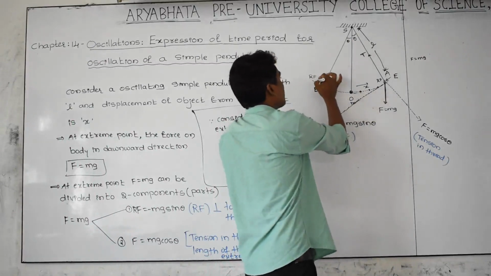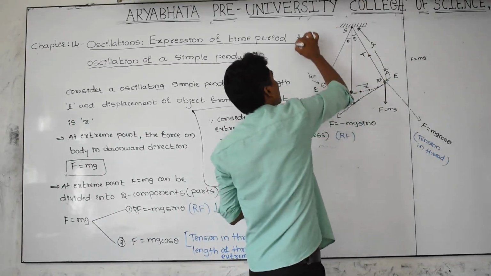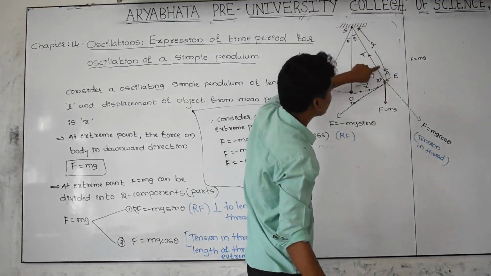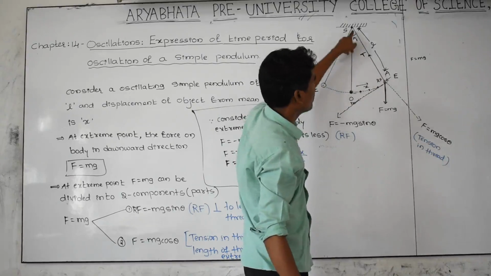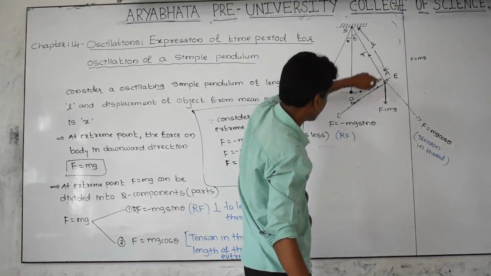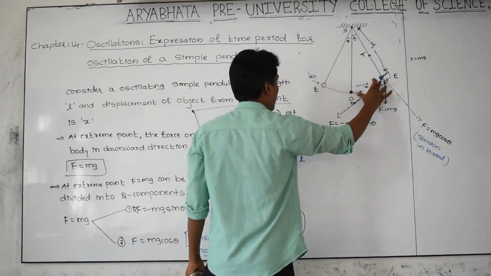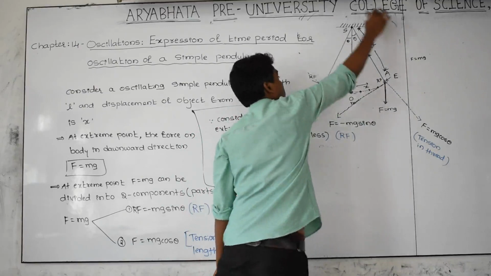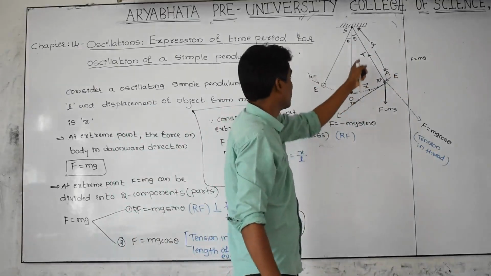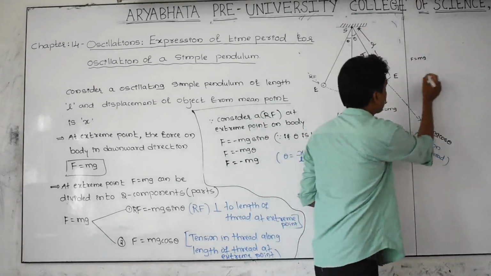If you take it as an imaginary circle, then this L becomes radius. Theta is equal to arc divided by radius of this imaginary circle. Let us take this as a diagram.